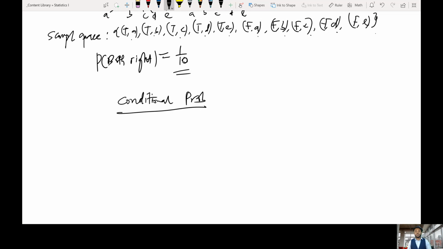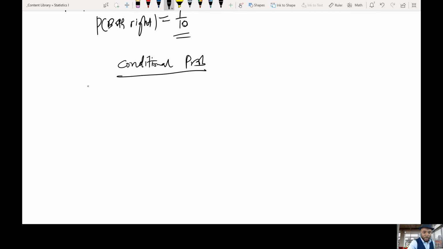So a conditional probability is the probability that an event occurs given that another event has already occurred. So what are we saying?